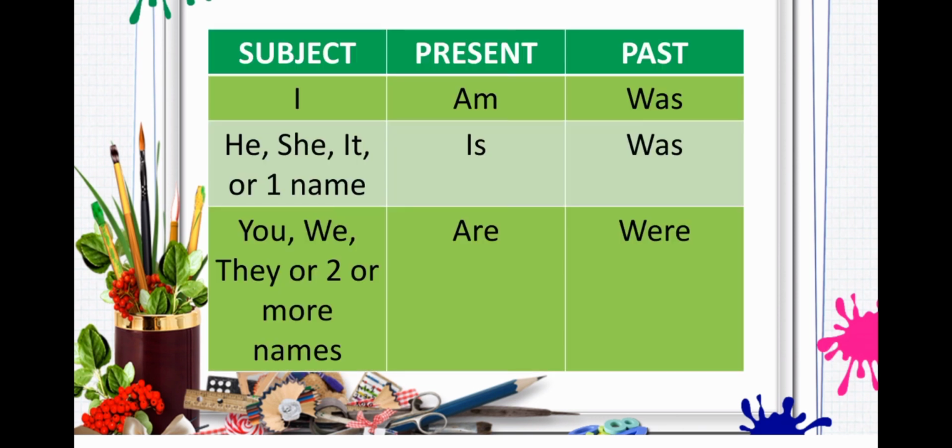Ito din ang table. Analyze mabuti kapag ang subject ay I at ang present progressive natin ay am, ang past progressive niya ay was. Same also with the subject he, she, it, or isang name lang, ang present niya is at ang kanyang past progressive ay was. Kapag naman ang subject natin ay you, we, they, or two or more names, ang present progressive niya ay are, ang past progressive niya ay were.